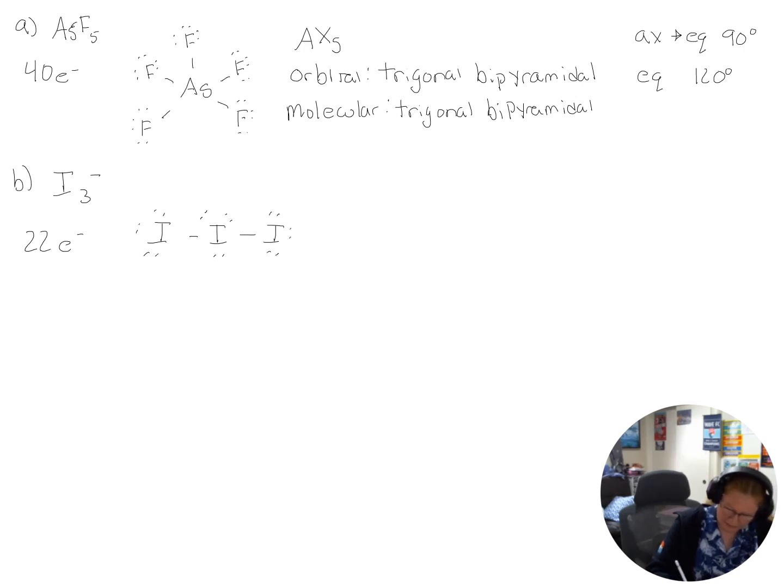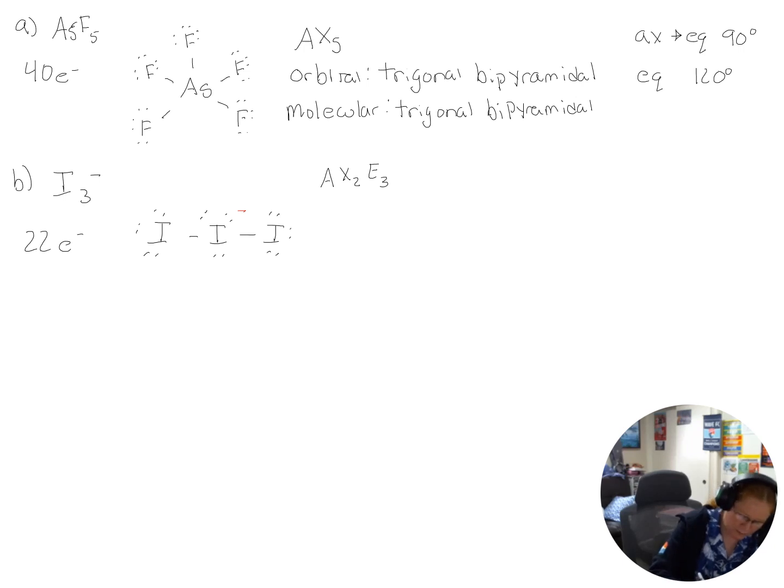So this one looks like this. It has a formal charge of -1 on that central iodine. So I have my central atom. I have 2 bonding, and I have 3 lone pairs. So 2 plus 3 is a total of how many electron groups? 5.